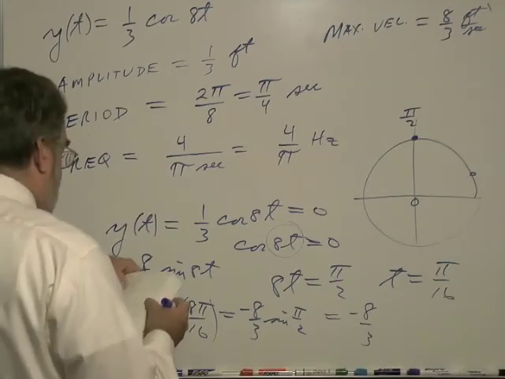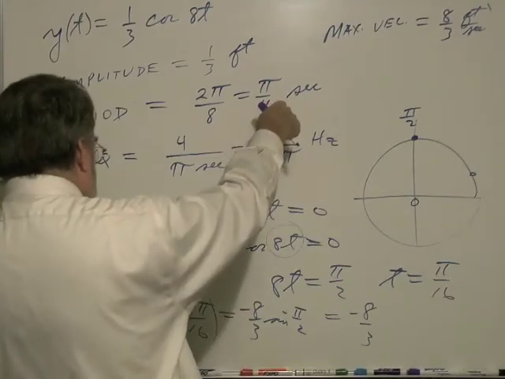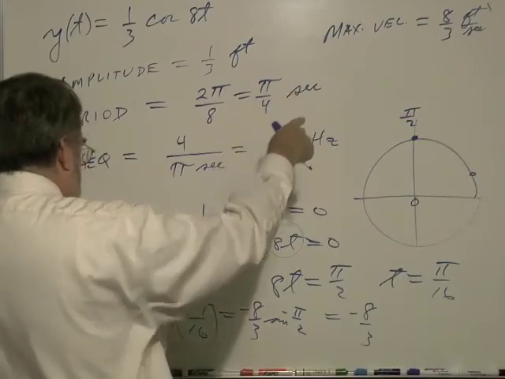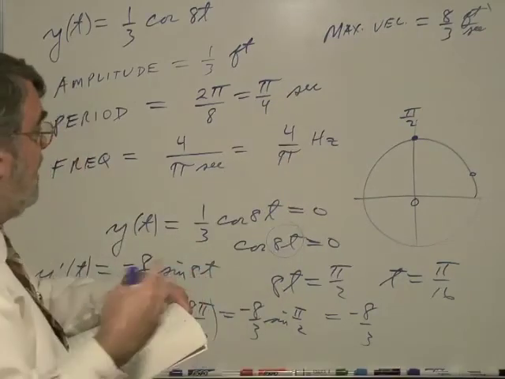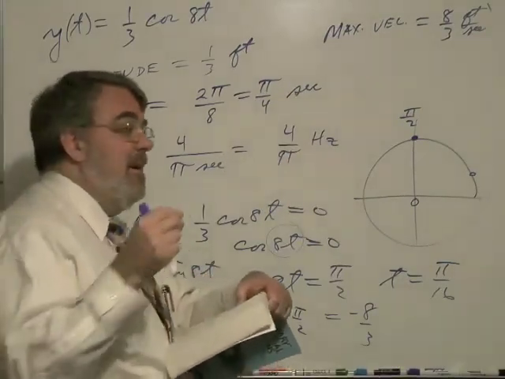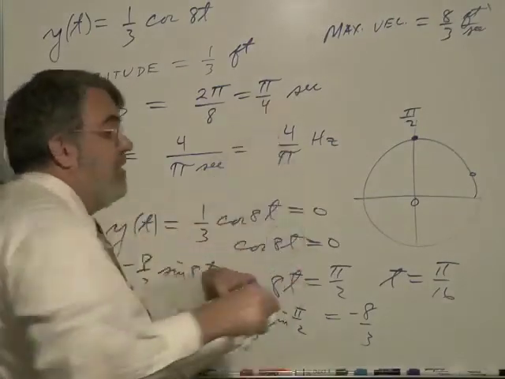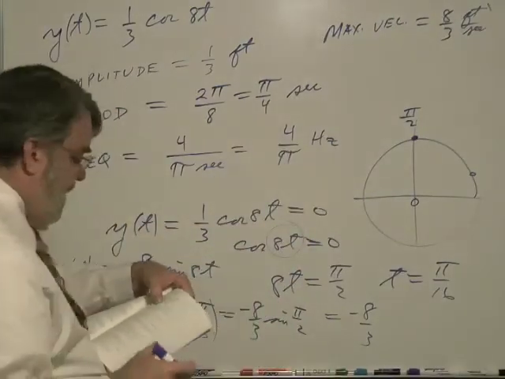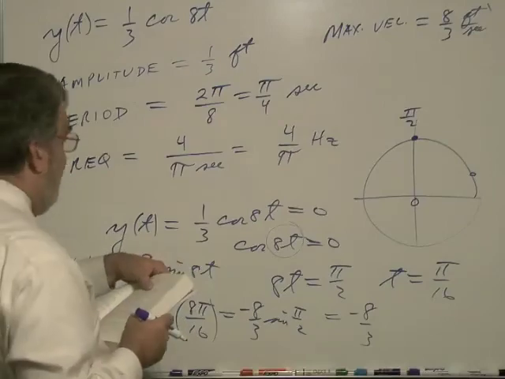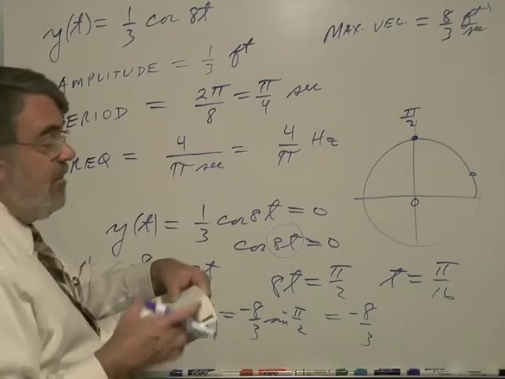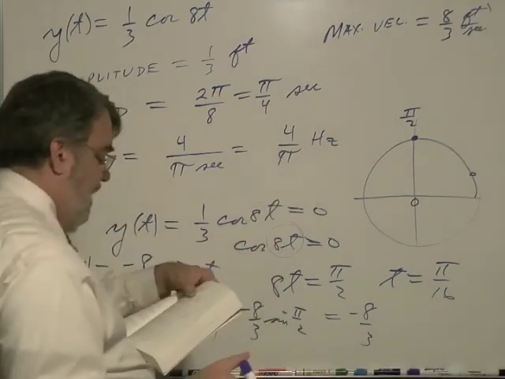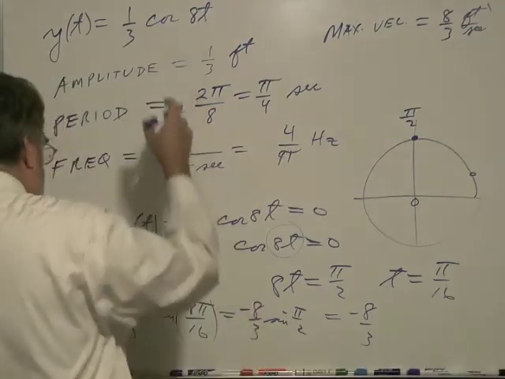By the way, he said this is also 8 radians per second. Anyway, the frequency is 4 over pi cycles per second, or hertz. Got that right. The amplitude was 1/3 foot.